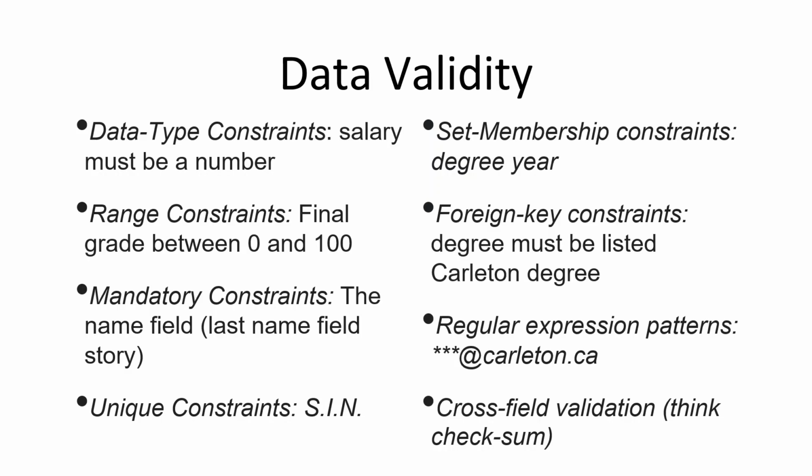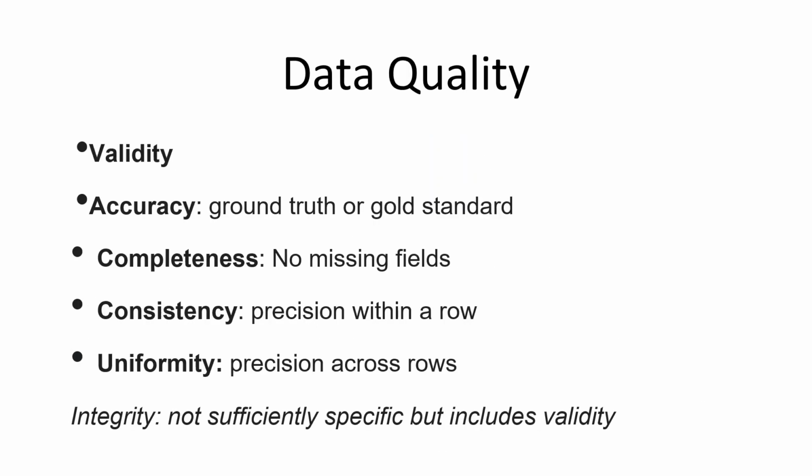This is the same kind of thing that we're doing here. You find ways to constrain or verify that the data has not been corrupted or input incorrectly. That is a key first step in preventing bad data.